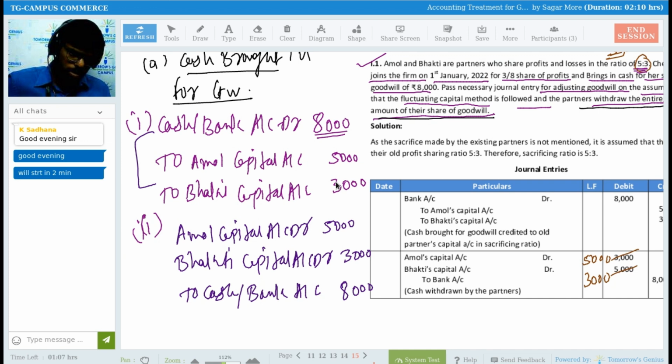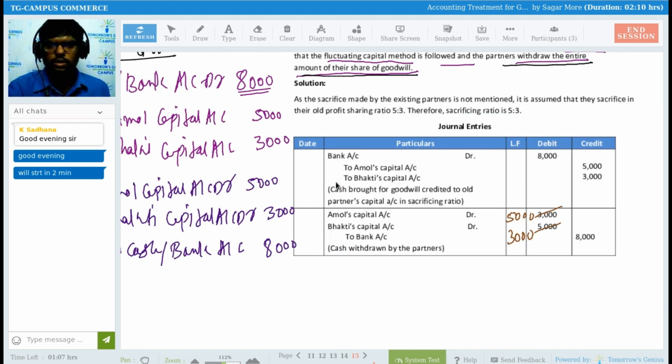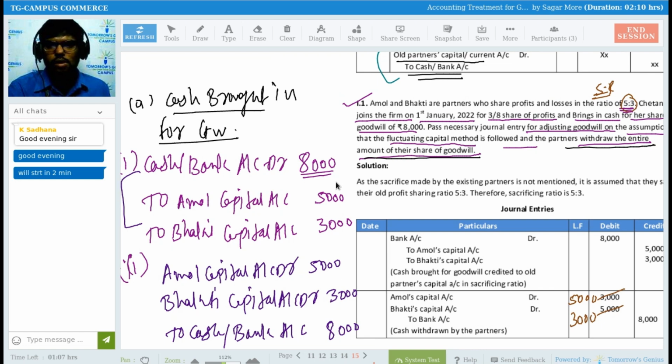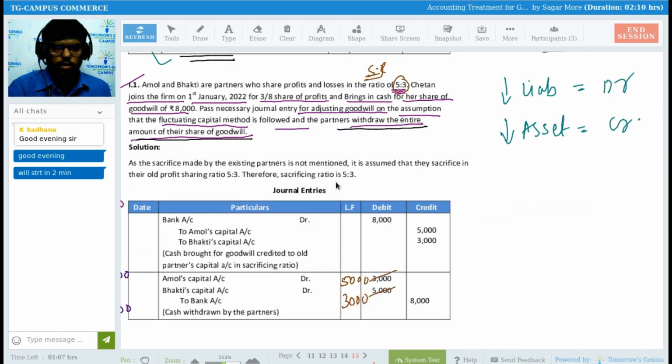Understood? Understood, Dhanashri, Sadhna, Shivarish? Understood, sir.